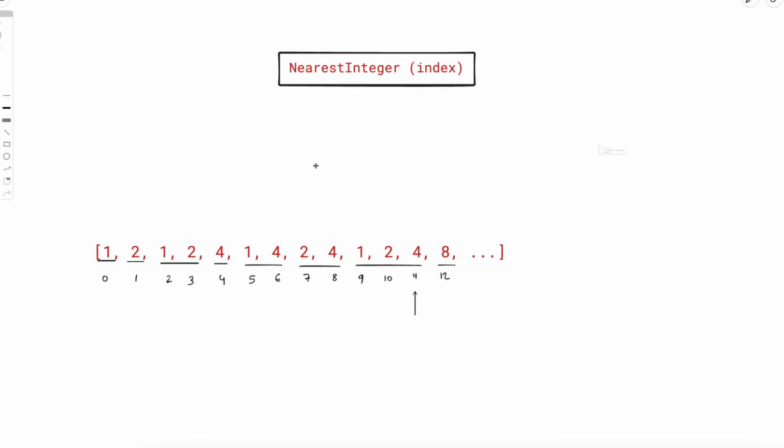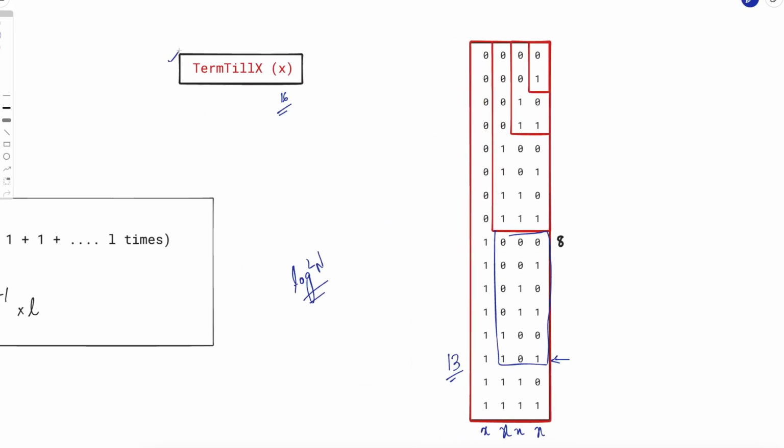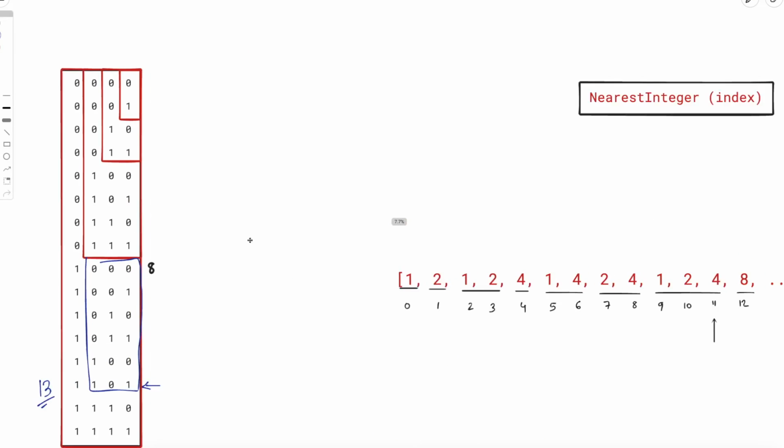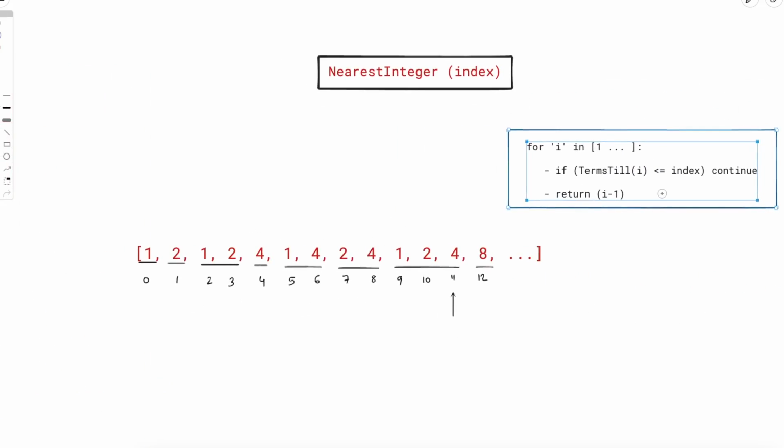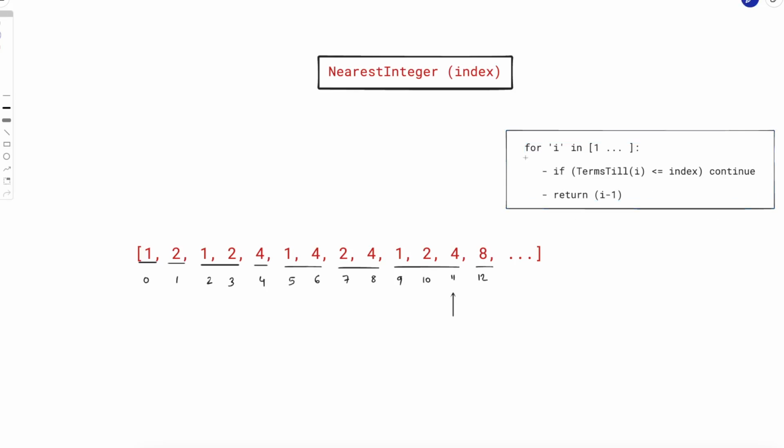Honestly, this is also exactly the same approach. Let's say you want the nearest integer up till here, right? So you already know how to compute terms, right? So one of the algorithms could be to just iterate over the integers and call this terms till x, right?